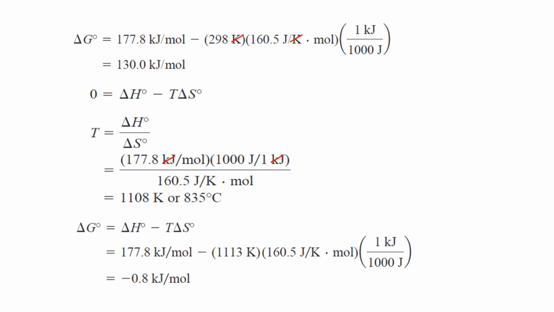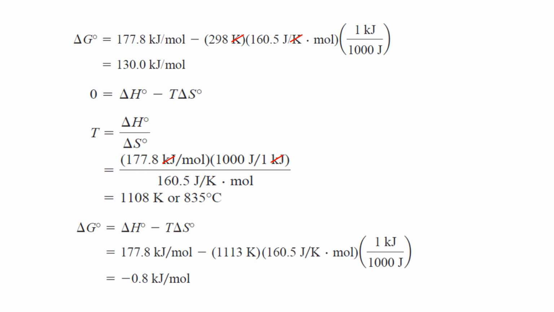Instead of 1108 Kelvin, we increase that, let's say, by 5 Kelvin, because this is resulting to 0. This temperature, 1108 Kelvin, is giving us a 0 free energy, and therefore does not guarantee spontaneity of the reaction.